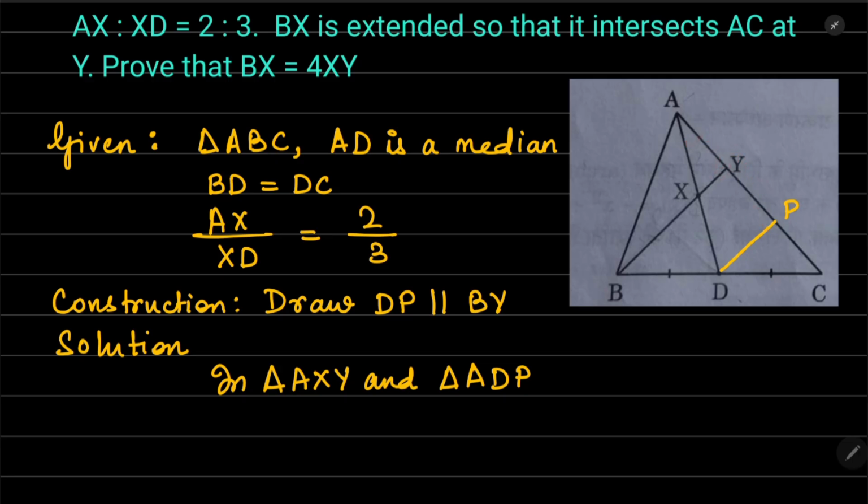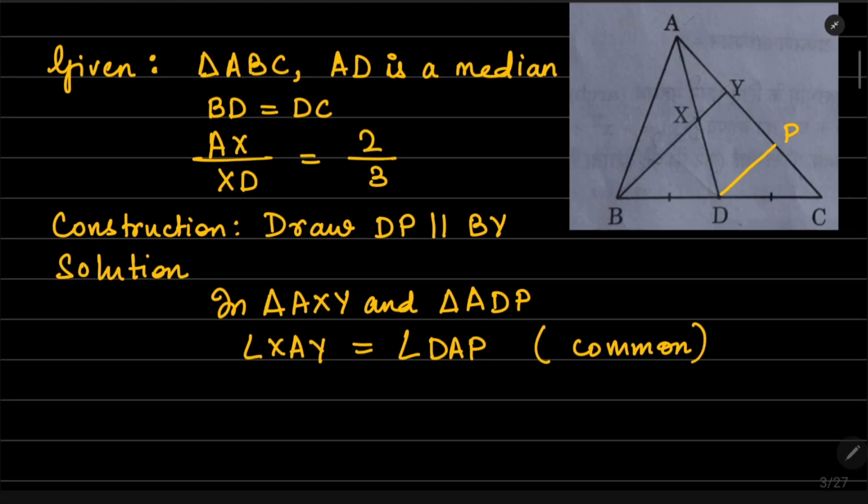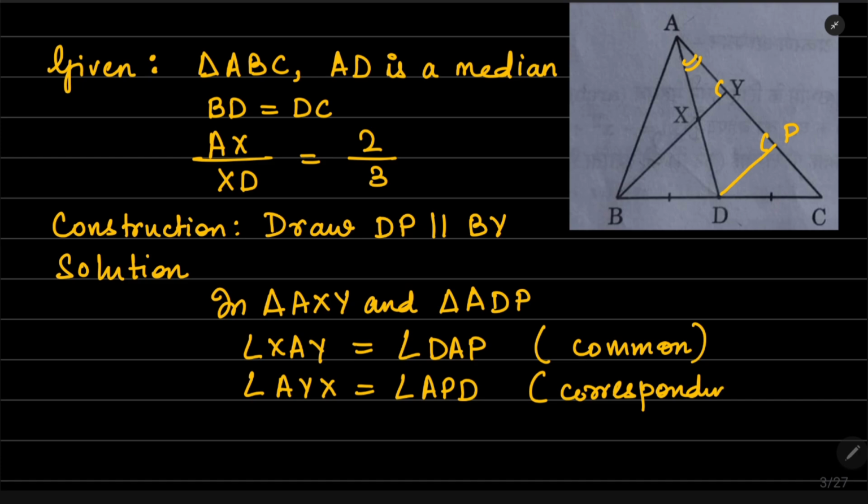Okay, so let's go ahead and write that. The first thing is angle XAY is equal to angle DAP. The reason is common angle between the two. And the next thing is angle AYX is equal to angle APD. And the reason is corresponding angles.